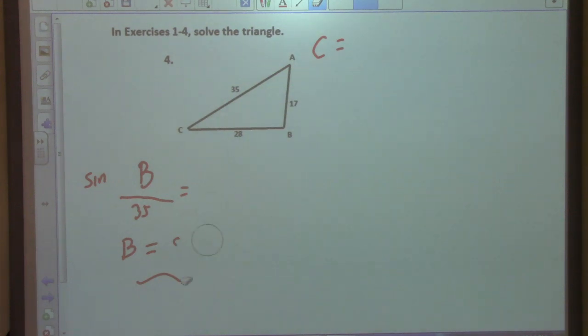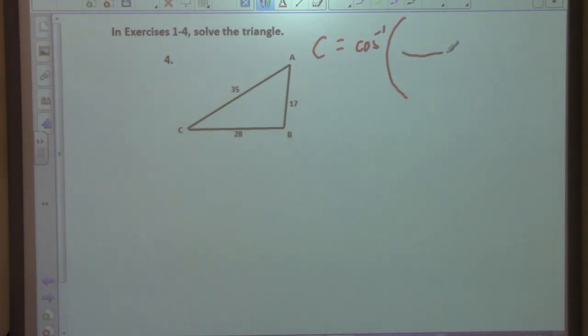If we redo it with the biggest angle first, we have really no realistic possibility of having that problem, because C in this case is going to be inverse cosine of 35 squared minus 28 squared minus 17 squared over minus 2 times 28 times 17.